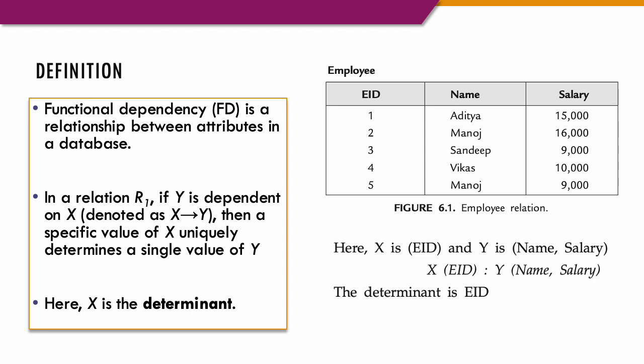In a relation R, if attribute Y is functionally dependent on X, it's written as X arrow Y. It means that a specific value of X uniquely determines a single value of Y. So we can say that X is the determinant.